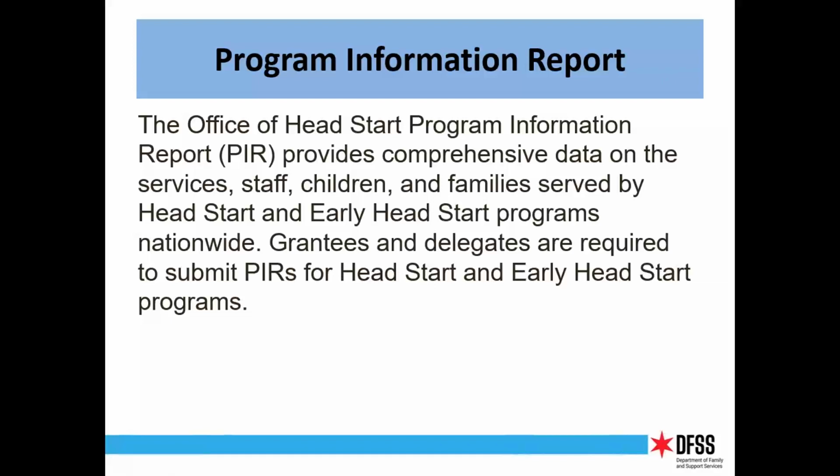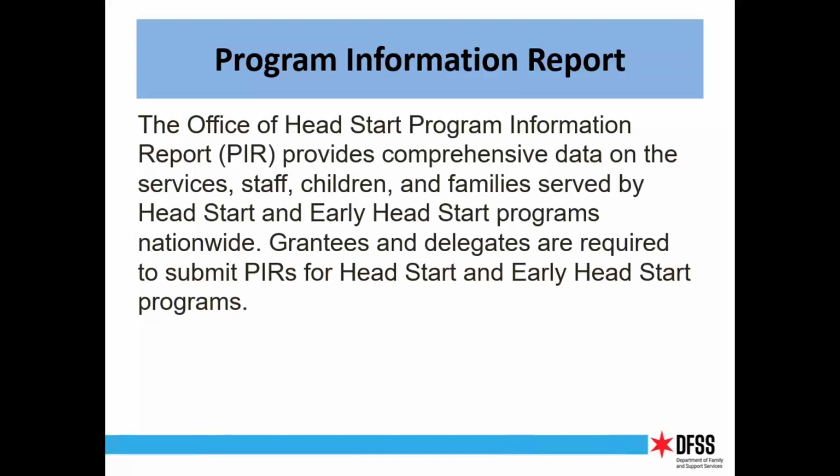So for people who are with us the first time, due to last year being last year, some people who came on board as long ago as 2019 haven't actually reported a PIR. So just to review for those folks, the Office of Head Start sends us the program information report.